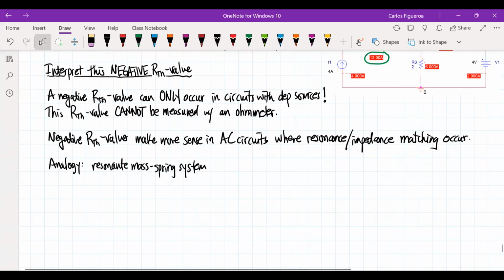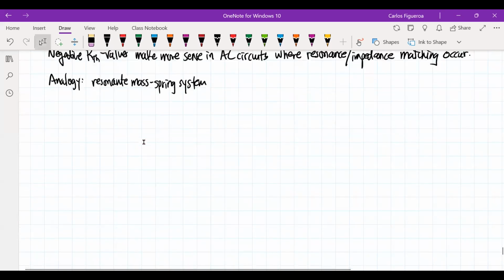Now, the way I'm going to look at this is you have to imagine that you have a spring system with a cart. So what I imagine here is that I have a cart. When I'm looking at my cart here, I have two springs attached to this.